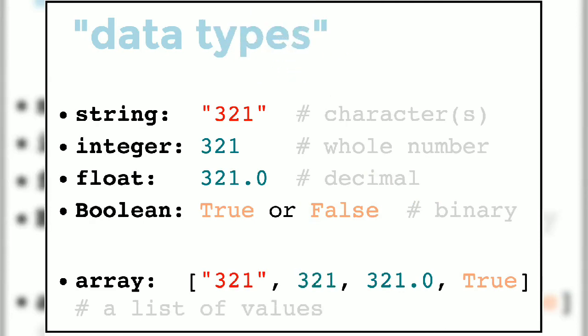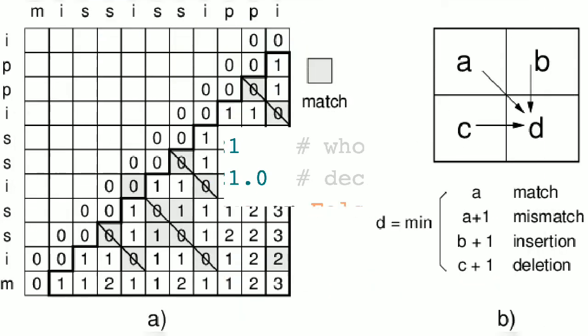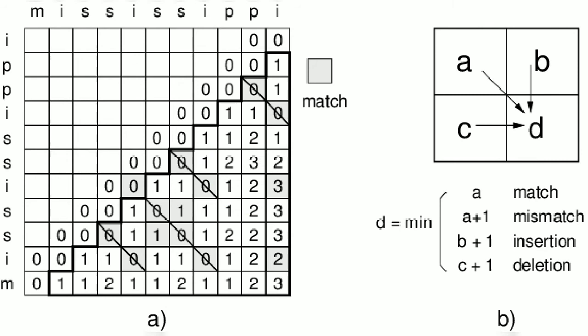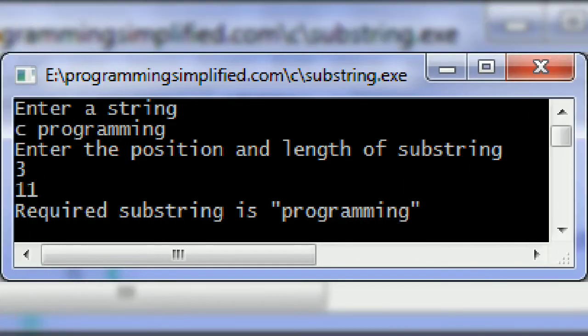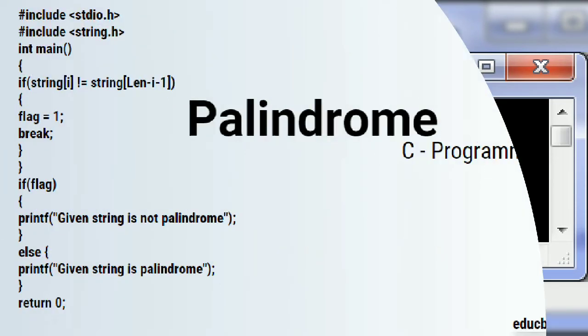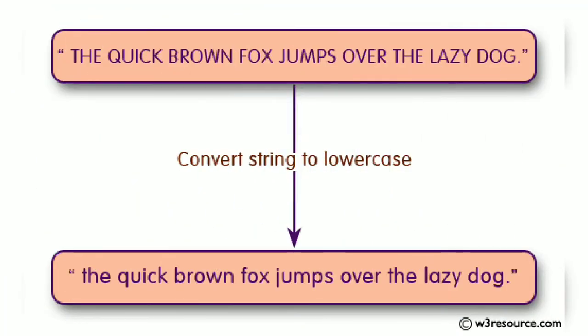Remember that when you initialize a character array by listing all its characters separately, then you must supply the \0 character explicitly.